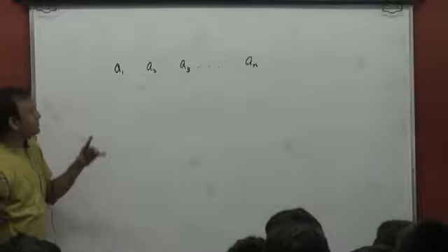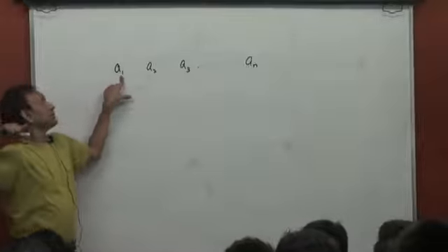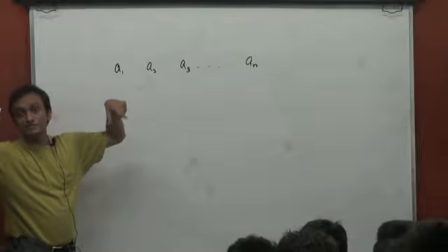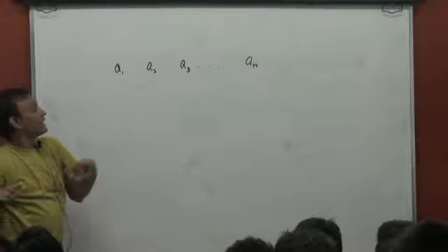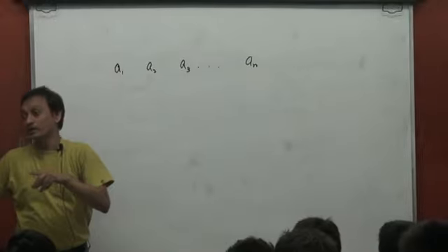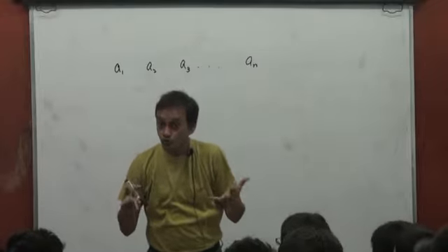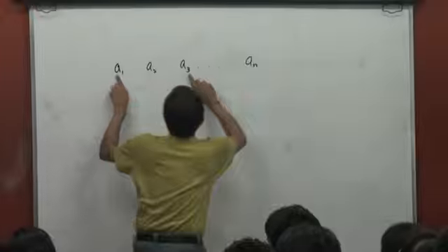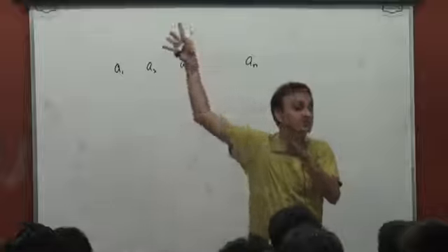But a subset could be of size 1, that means A1 could be one subset, A2, A3, up to AN, N subsets of size 1. And then there are subsets of size 2, A1 A2, A2 A3, which is like NC2 subsets of size 2. Then there are subsets of size 3, A1 A2 A3, A2 A3 A4, A1 A3 A6.